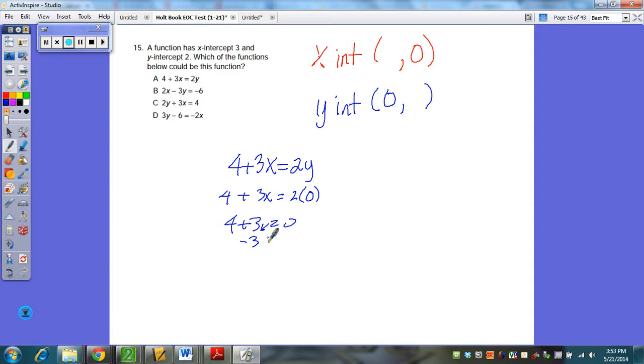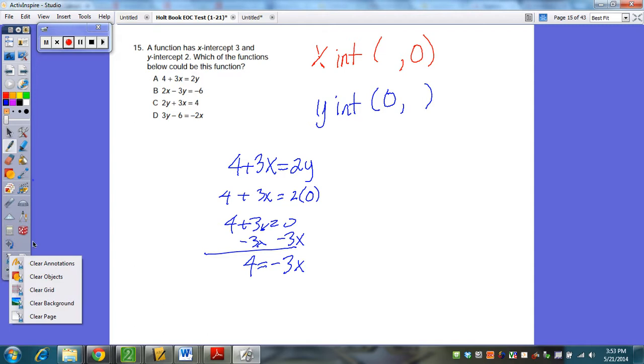So we subtract 3x from both sides, and we get 4 equals -3x. We see that this is not going to turn out to be what we're looking for. We're looking for an x-intercept of 3. So we know that this is not going to be the answer.